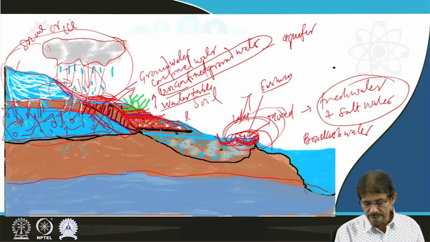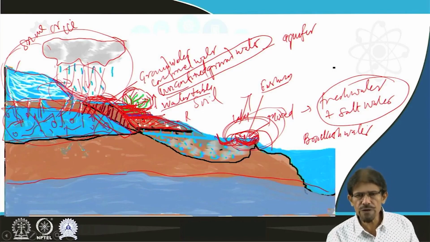Then we have some temporary zone of water lying close to the surface, the soil feeding zone or soil root zone, and this by different names. This water is available for the crops and plants for their progressive growth.